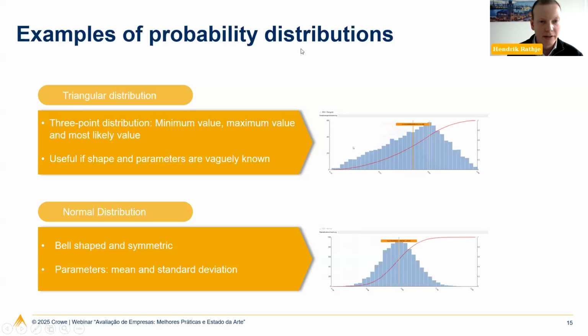So basically, when we are talking about company valuation, what we need to do first is understand what are the risk drivers of the company. And I'm not talking about every small risk. What we need to evaluate are the big risks. What can happen for a company? What are the main value drivers of the company? And to evaluate those, we have to fit distributions to those risks. That can be quite easy as for the triangular distribution, where you only have expert values.